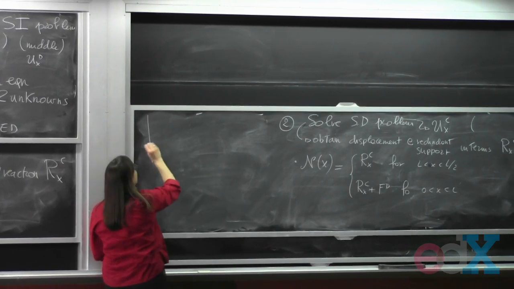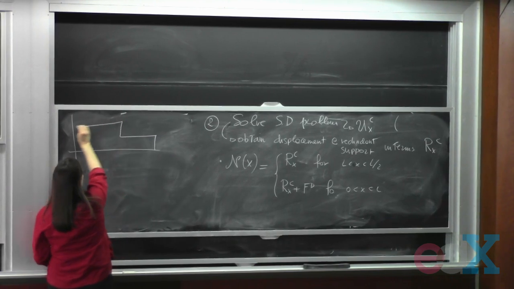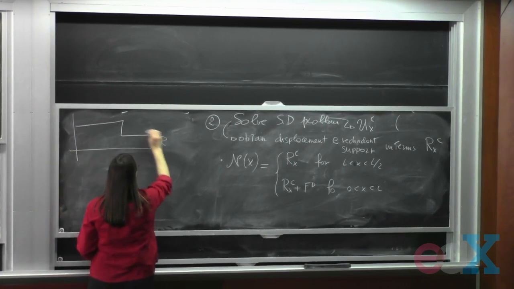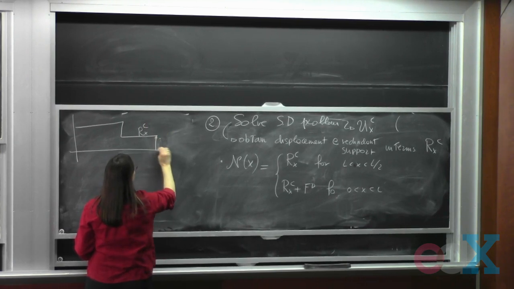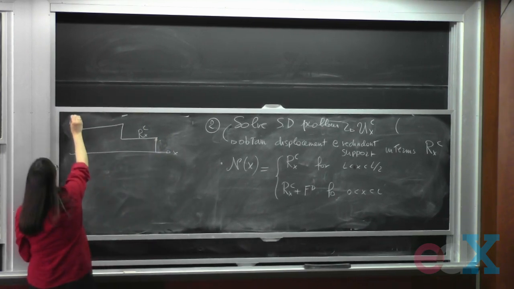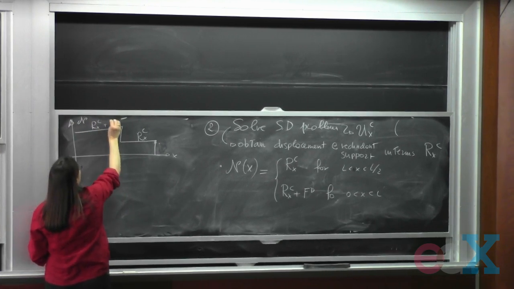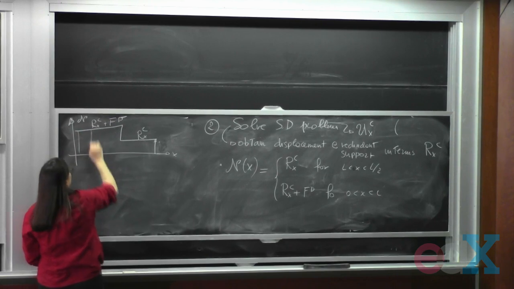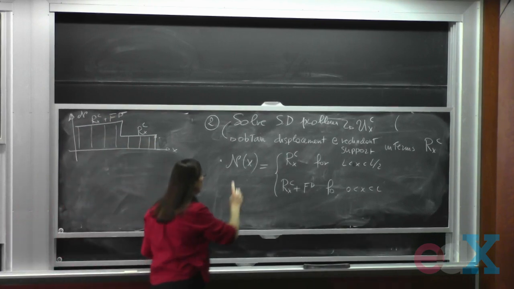So my N of X, if I want to plot it, is going to look like that. So up here is going to simply be RXC. I go up by RXC. And up here is going to be RXC plus FD. Excellent. So that's N of X.